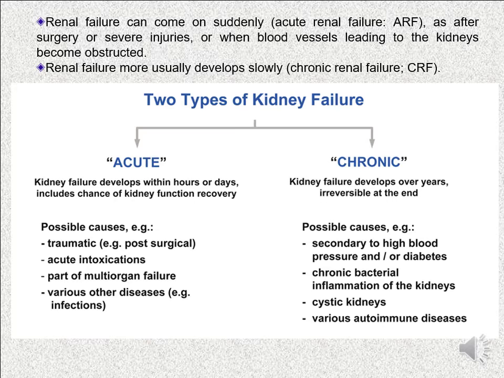Possible causes are trauma, acute intoxication, part of multiple organ failure, and various other diseases like infections. Chronic kidney failure develops over years and is irreversible at the end. Possible causes are secondary to high blood pressure and diabetes, chronic bacterial inflammation of the kidney, cystic kidney, and various autoimmune diseases.